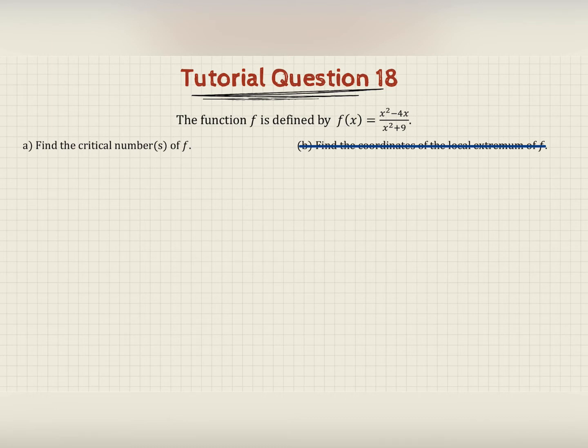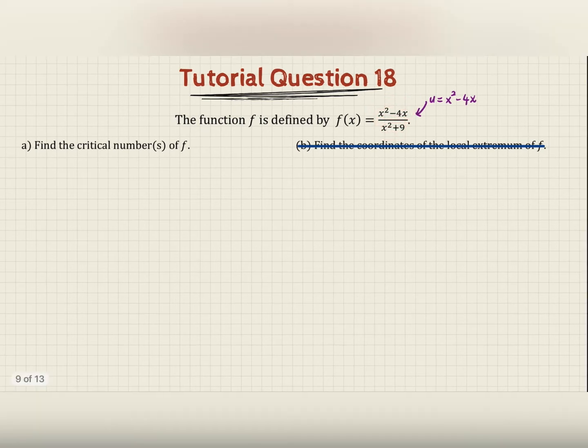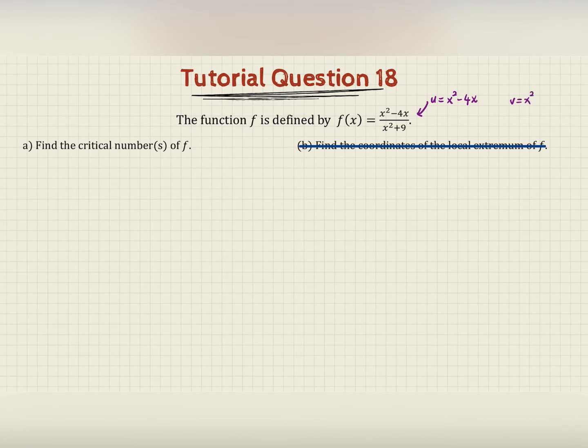So kita akan gunakan quotient rule. So daripada sini kita akan dapat U equals to x square minus 4x. Okay, remember atas sentiasa U, bawah sentiasa V. Okay, so V will be x square plus 9. So kita punya U prime akan jadi 2x minus 4 dan V prime kita will be equals to 2x.